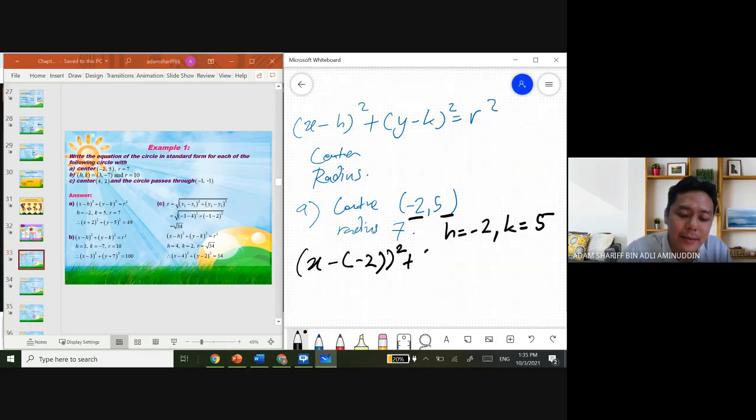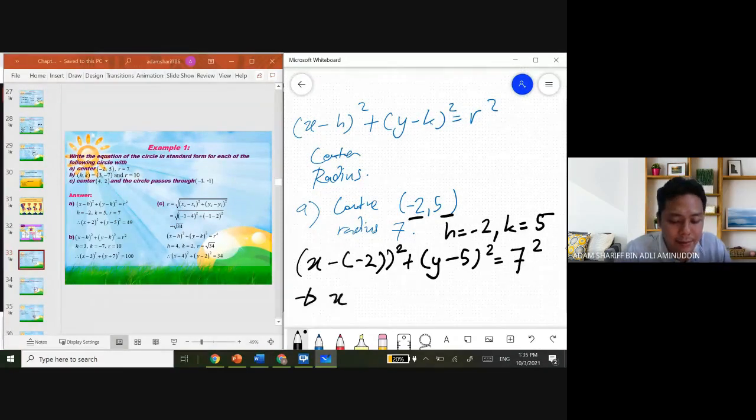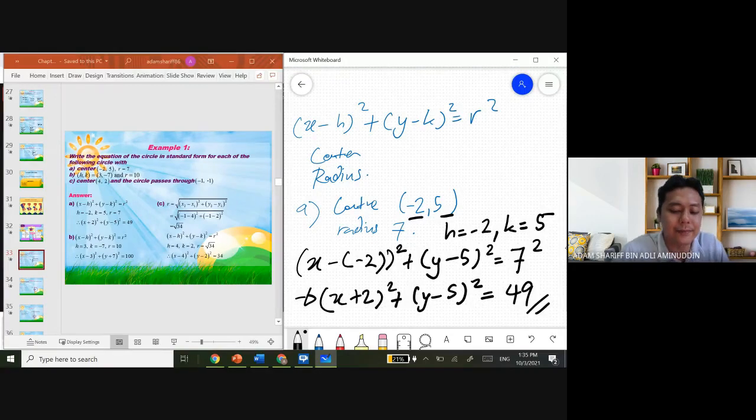Squared plus (y minus 5) squared equals to 7. Jangan lupa squarekan. So it becomes (x plus 2) squared plus (y minus 5) squared equals 7 squared, which means 49.